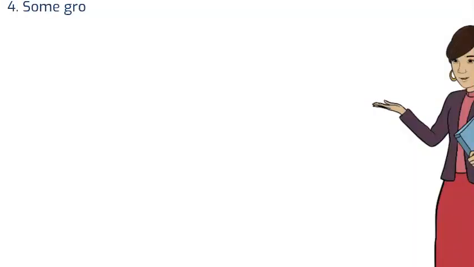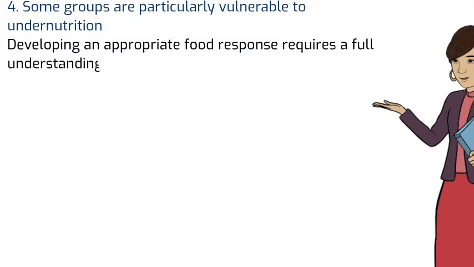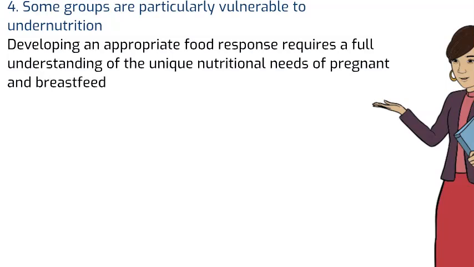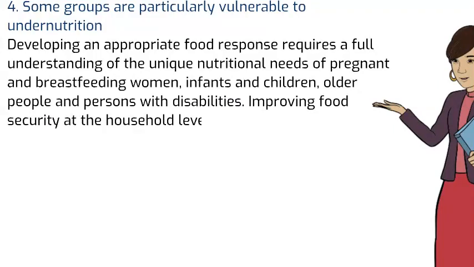Some groups are particularly vulnerable to undernutrition. Developing an appropriate food response requires a full understanding of the unique nutritional needs of pregnant and breastfeeding women, infants and children, older people and persons with disabilities. Improving food security at the household level also requires an understanding of different roles.